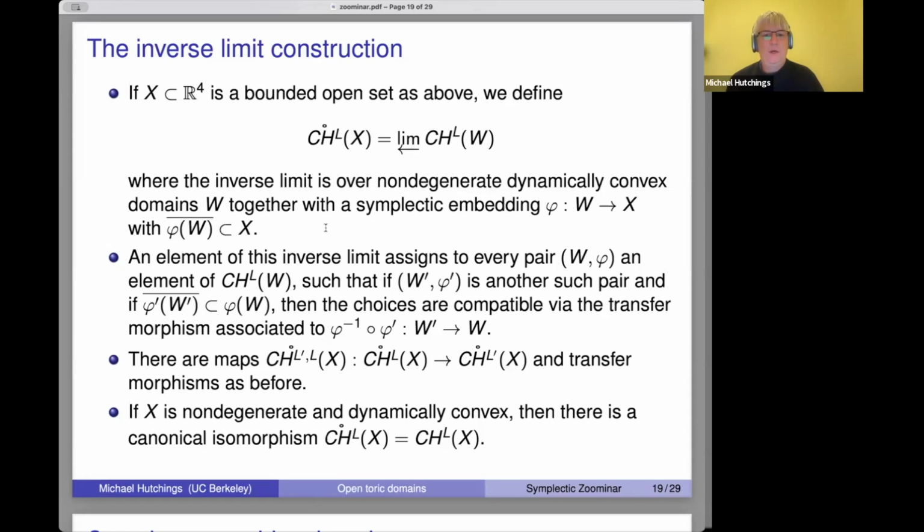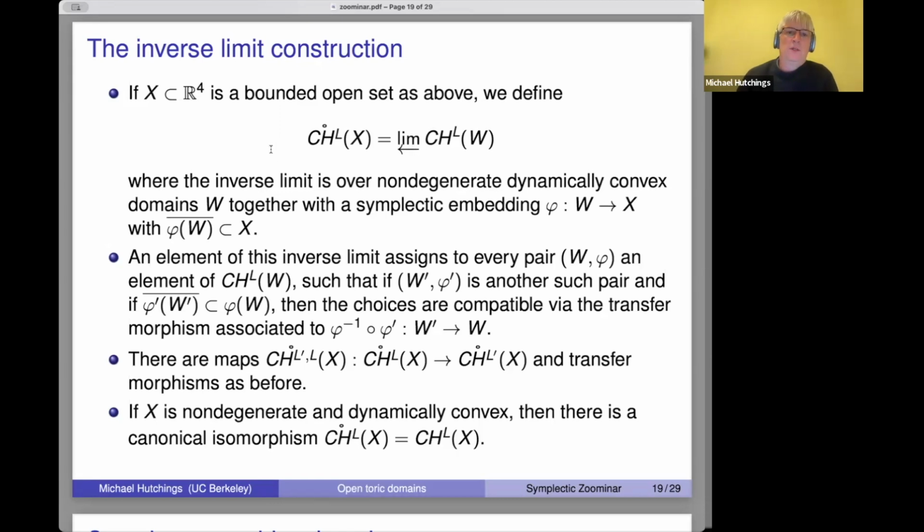So if you have W and W prime, and if W prime is a subset of W, then the element that you chose for W has to map to the element that you chose for W prime under the inclusion of W prime into W. That sounds very complicated, but you can show that if your domain was already nice, non-degenerate with smooth boundary and dynamically convex, this just agrees with the definition you had before.